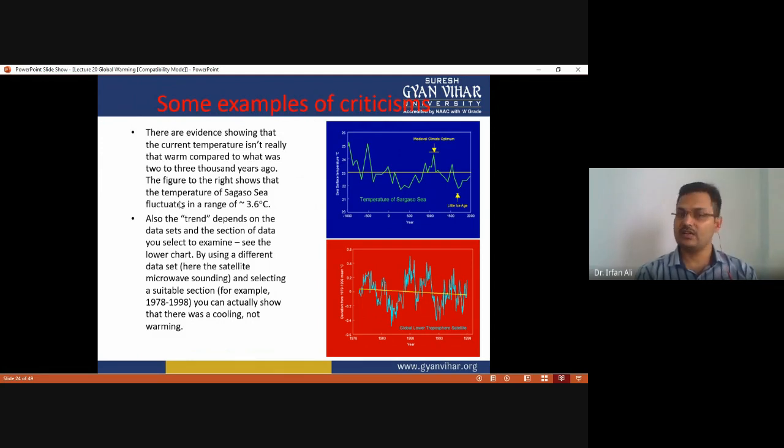See the lower chart: by using a different data set, here the satellite microwave sounding, and selecting a suitable section, around 1979 to 98, you can actually show that there was a cooling, not warming. So this creates a controversy among the scientists.